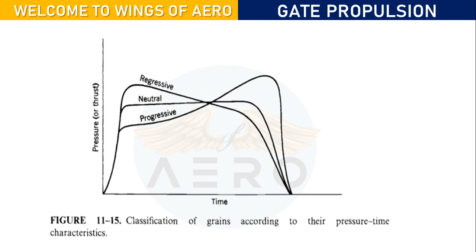First I will start with the neutral one. Neutral explains that when the motor burns, it will have its own constant thrust, pressure, and burning surface throughout the burning time.